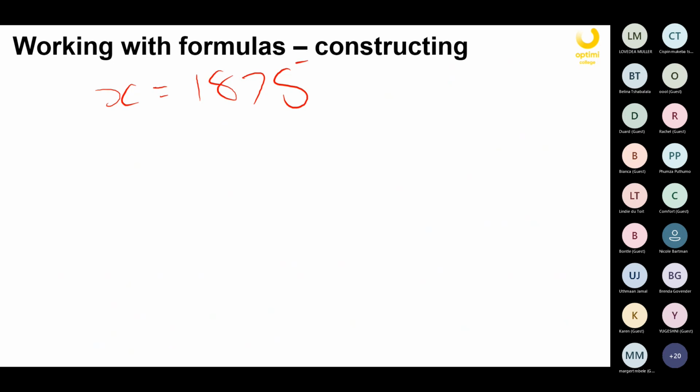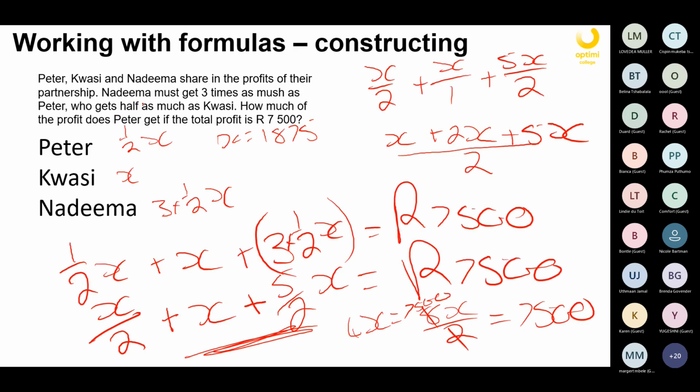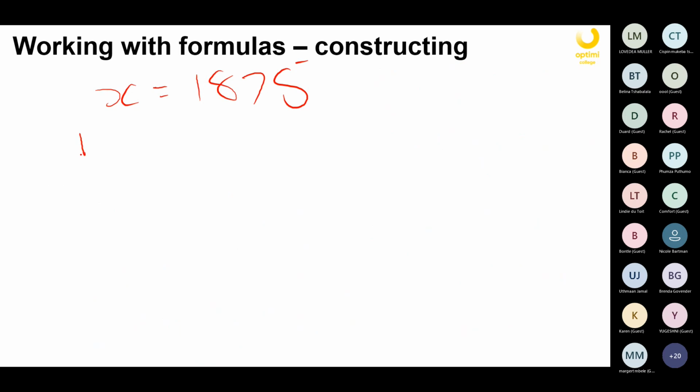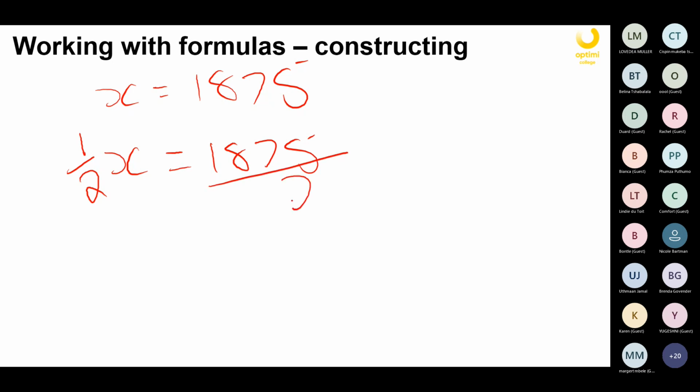How much is Peter, who gets half X? That means half X equals 1,875 divided by 2 equals 937 Rand and 50 cents.